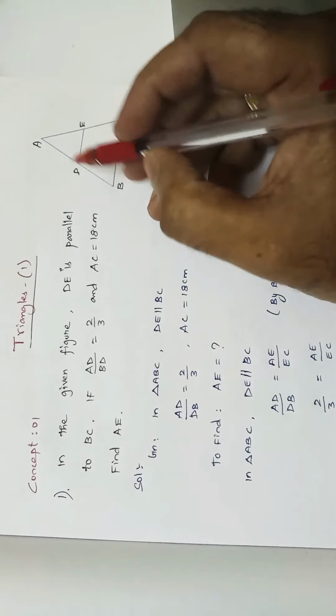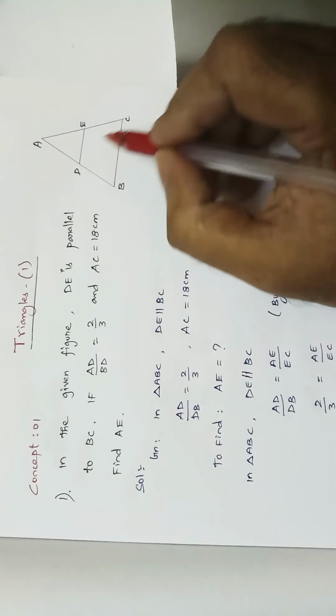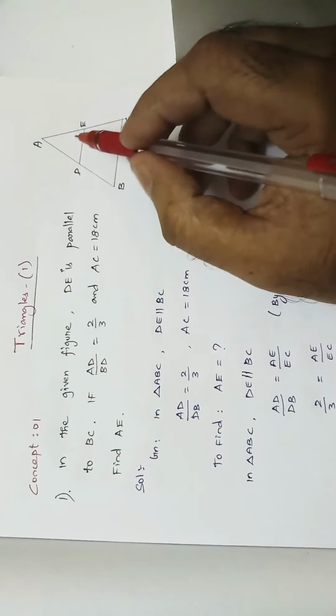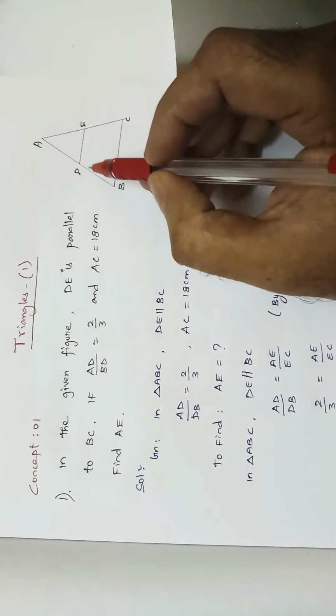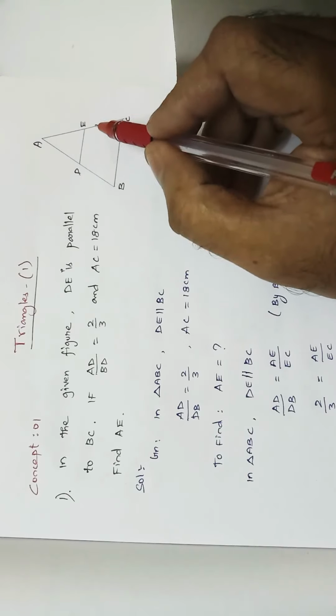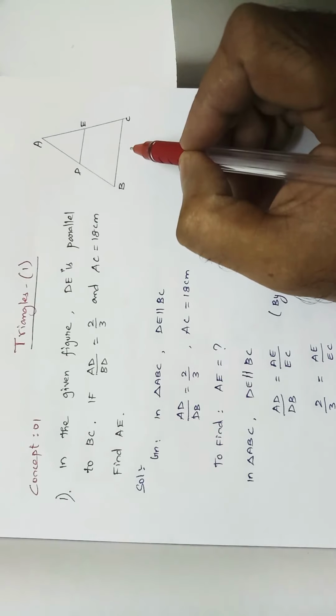See, in a triangle ABC, DE is parallel to BC, then the remaining two sides, that is AB and AC, have been divided in the same ratio, that is AD by DB is equal to AE by EC, right? So this is the statement of the BPT.